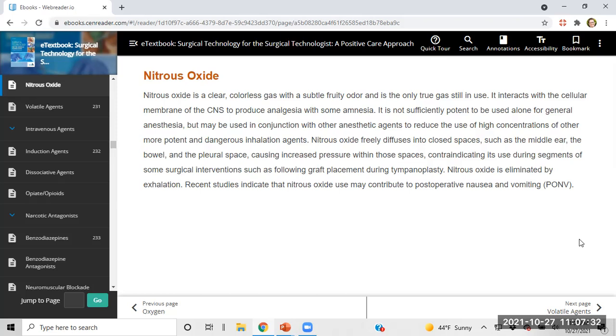It also helps to reduce PONV, postoperative nausea and vomiting, which used to be a super common occurrence. With the addition of nitrous oxide to the anesthesia agents, it's helped to reduce the PONV greatly.